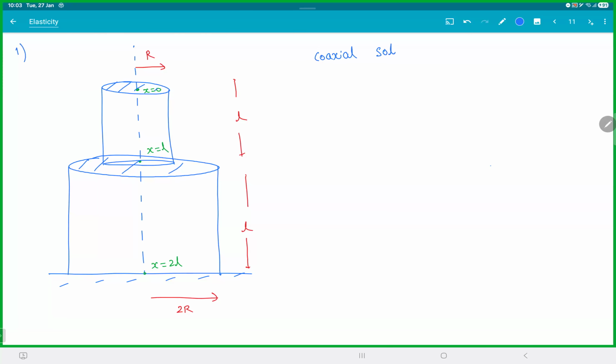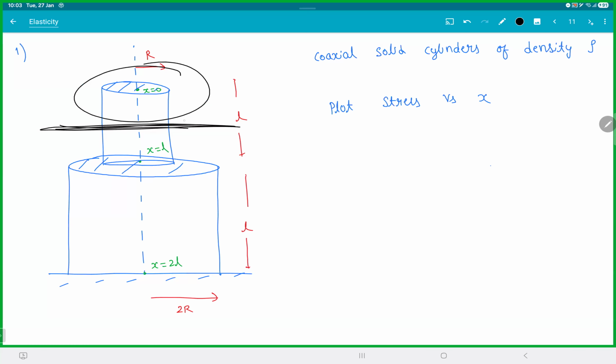Coaxial, solid cylinders of density rho. Both have the same density. So plot the stress versus x graph. Again, remember what is stress? Stress is tension by area. So just to give an idea, listen, if I cut it here, the weight of this part will be the tension here.